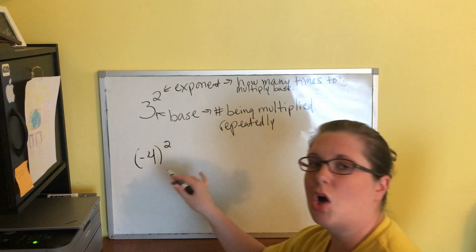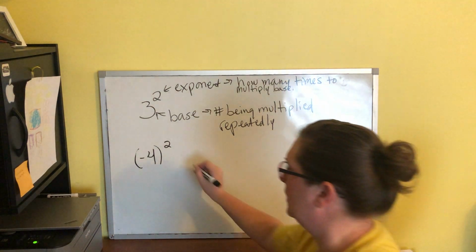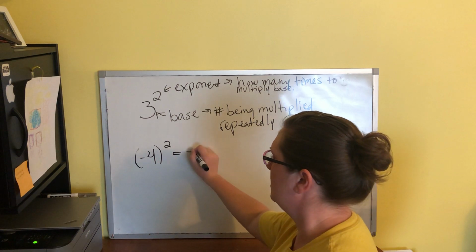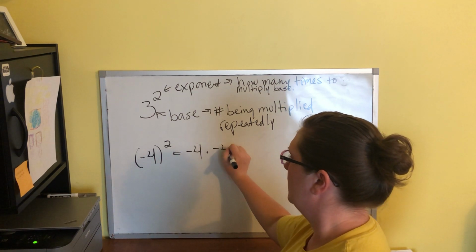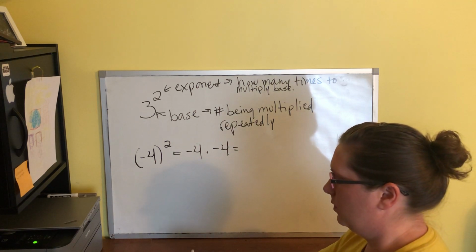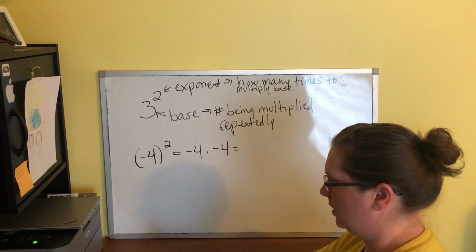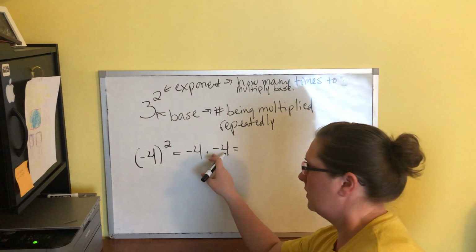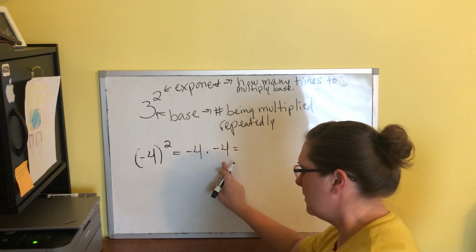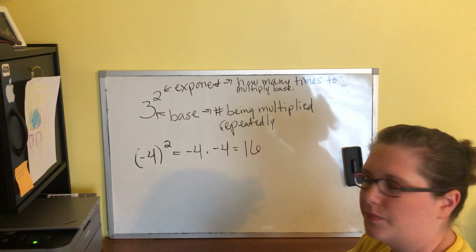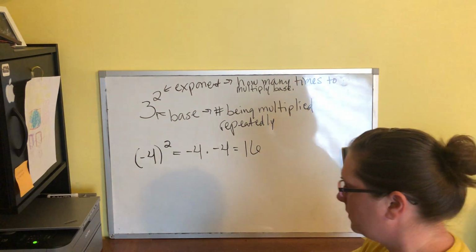So the negative is also being multiplied. So this is telling us it needs to be multiplied 2 times. So this is doing -4 times -4. We're going to be getting into multiplication later on, but just for a shortcut, negative times a negative becomes a positive. So -4 times -4 ends up being positive 16. So don't let that trip you up.